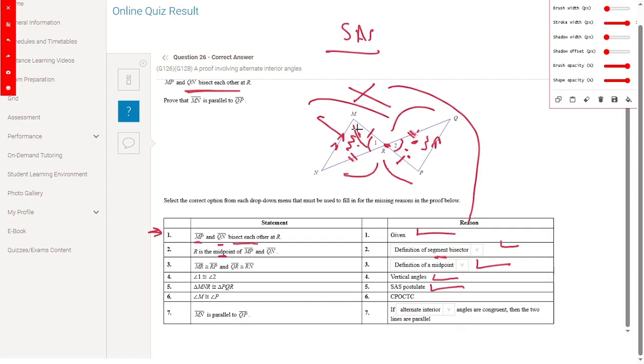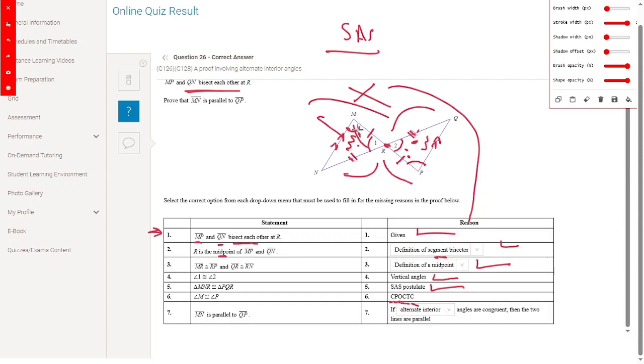Now we say here the measure of angle M is congruent to the measure of angle P, because corresponding parts of congruent triangles are congruent.